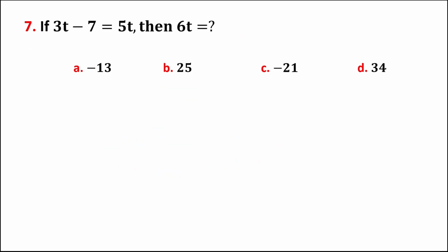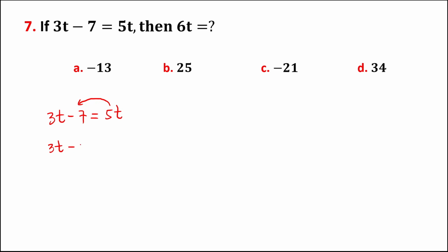Then this problem, if 3t minus 7 equals 5t, then what is 6t? So first, we need to solve for t. From 3t minus 7 equals 5t, to solve for t, transpose this 5t to the other side.